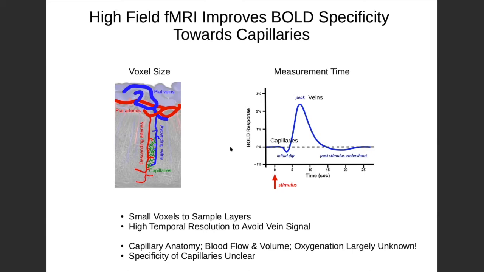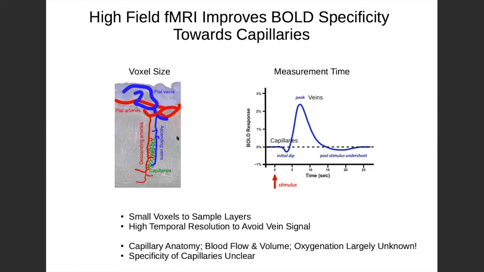An important prerequisite for that is a high field scanner. So you definitely need a 7T scanner or higher to achieve that in humans. Okay, and this is the current state of the art in high field fMRI. That is applicable even if you're not the world's leading expert.